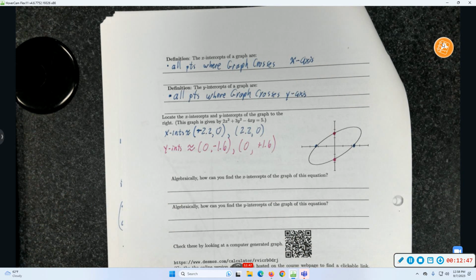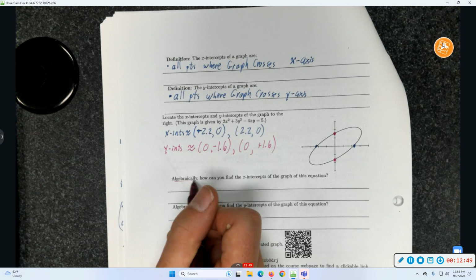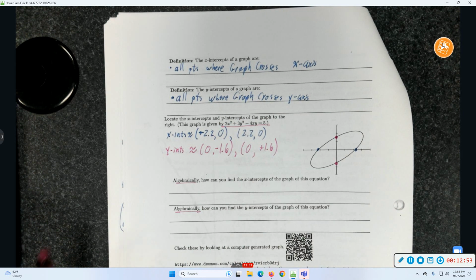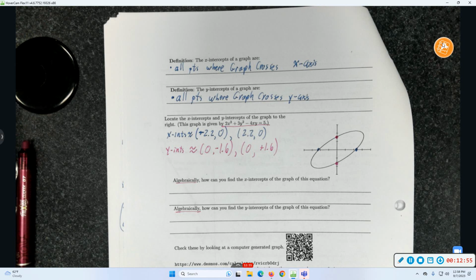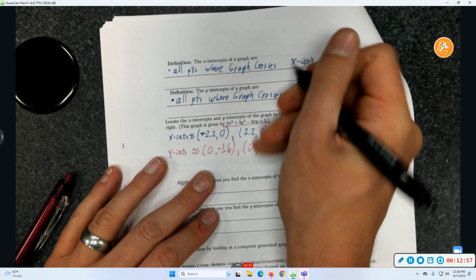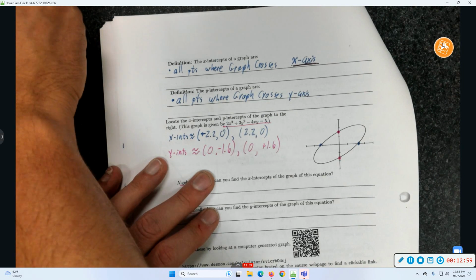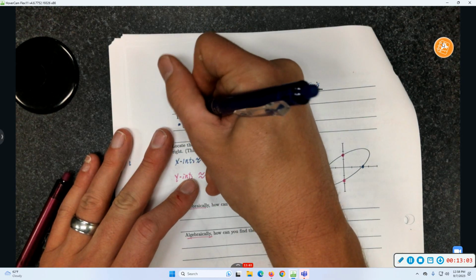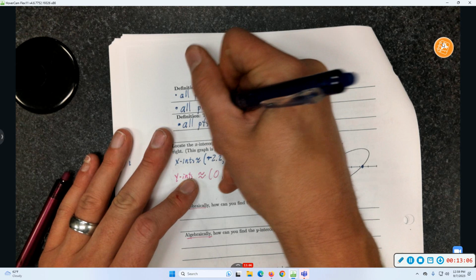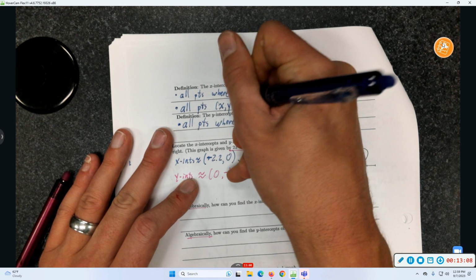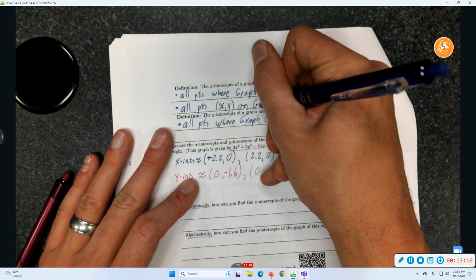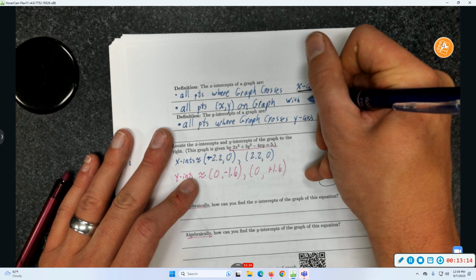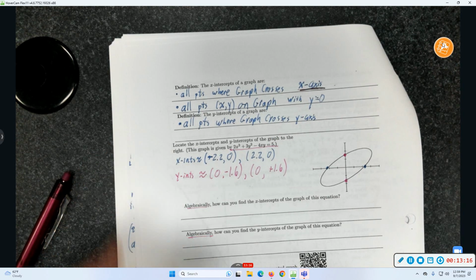Neato. So, what does all this mean algebraically? Well, given an equation here, is there a way we could find these? So let's think about what it means to be on the x-axis. To be on the x-axis means that the y-coordinate is 0. So it's all points, x comma y, on the graph with y equals 0.